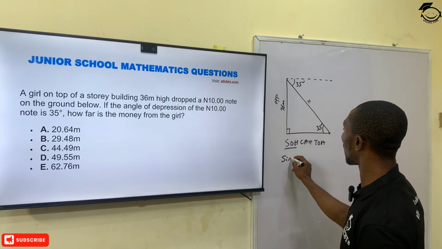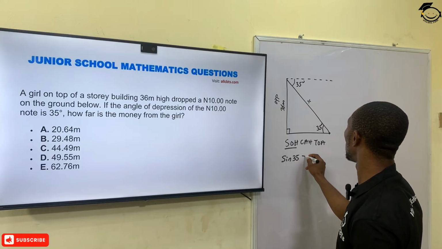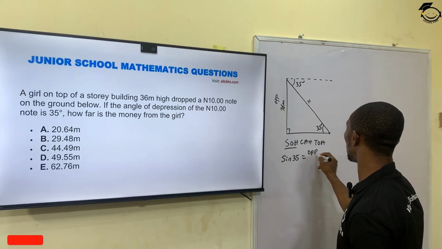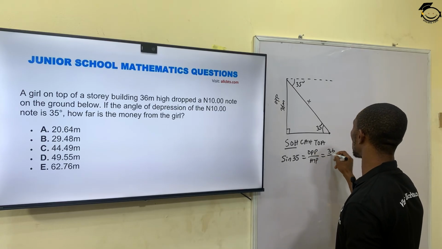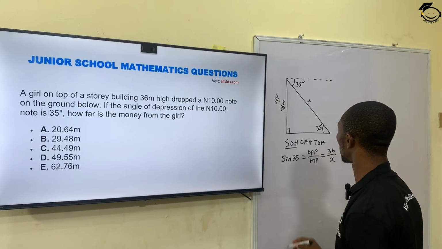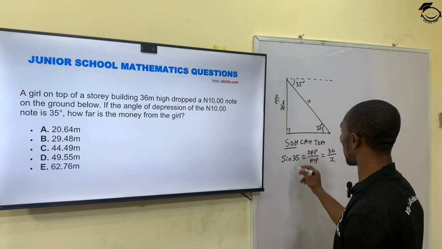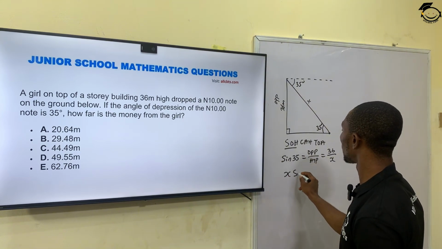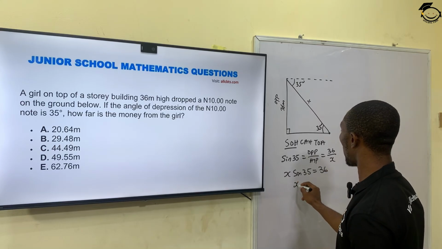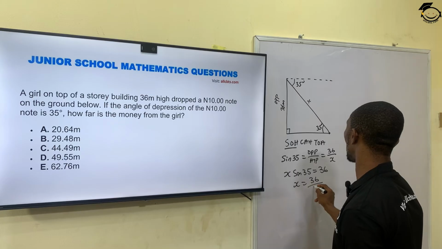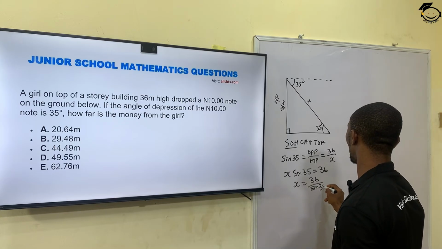So this becomes sine 35 equals opposite over hypotenuse, where our opposite is 36 over hypotenuse, which is x. So cross multiplying, this gives us x sine 35 equals 36. So x equals 36 over sine 35.